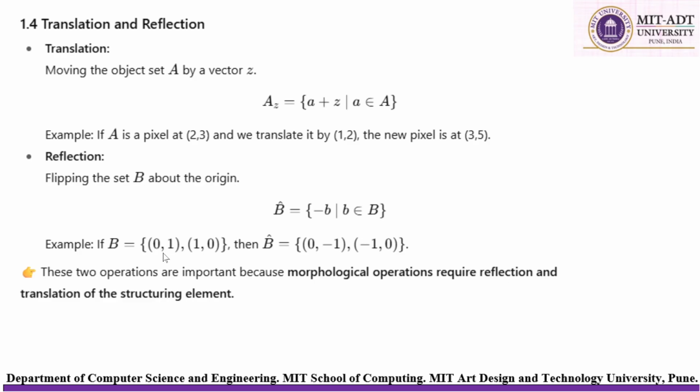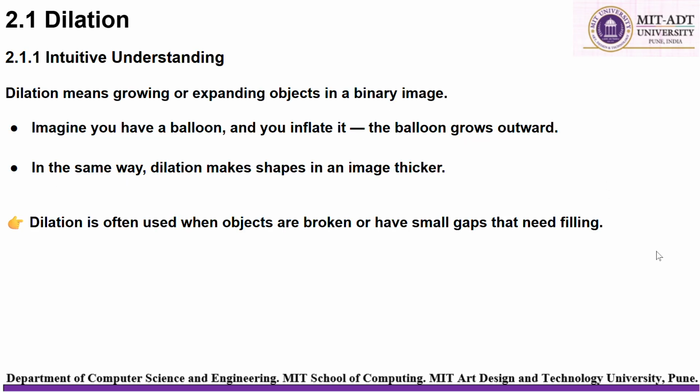Then B cap will become (0, -1) and (-1, 0). So positive becomes negative and negative becomes positive. Likewise, we are simply allowing a flip on a position. These two operations, translation and reflection, are very important because morphological operations most of the time require reflection and translation of the structuring elements. So remember these two points.